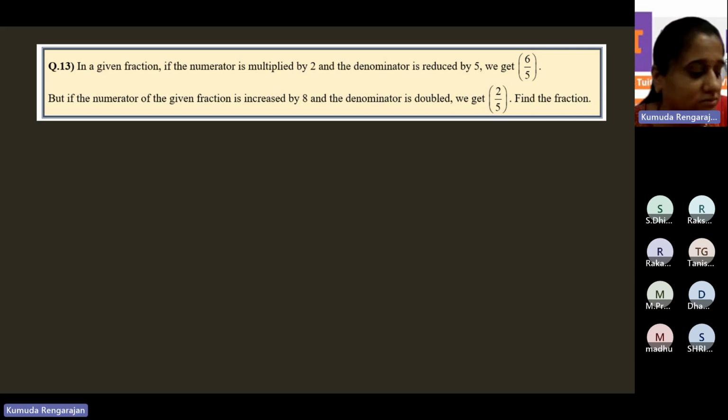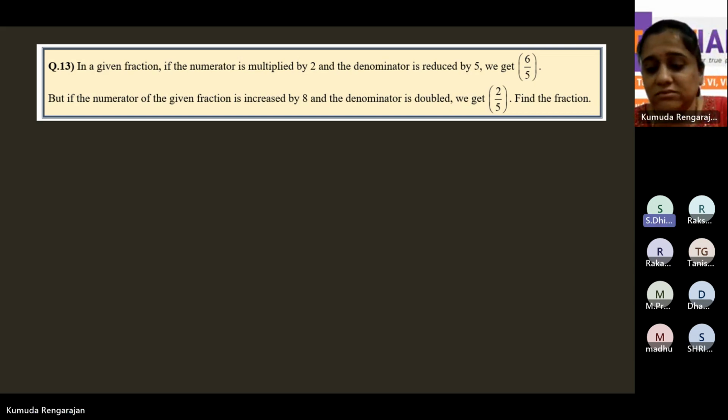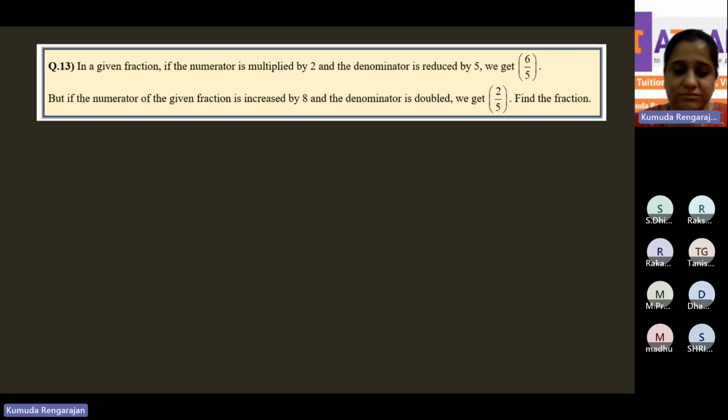Raghavi, Dileepan? I just made a mistake in the second equation. And I got the answer 12 by 25, ma'am. Very good. That's the right answer.